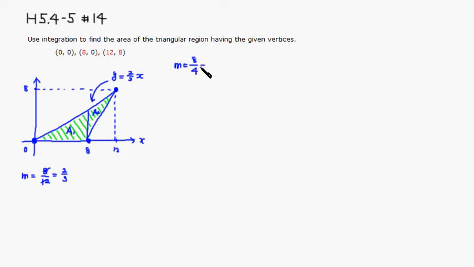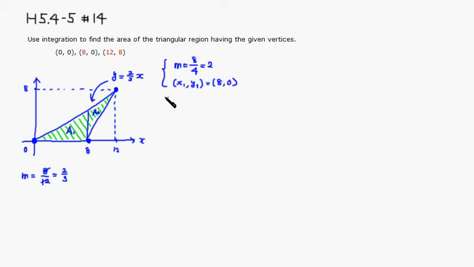So the slope is 2. Then for the point, you can use either one; I like this one better. So x1, y1 is equal to (8, 0).